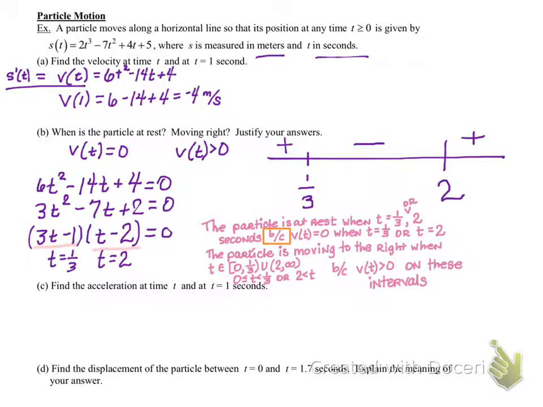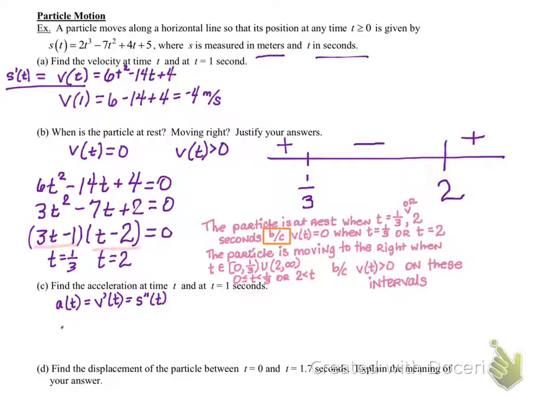Now you're asked to find the acceleration at time t and at t equals 1. Your acceleration is the derivative of the velocity, which is the second derivative of the position. It is important to write down that relationship.